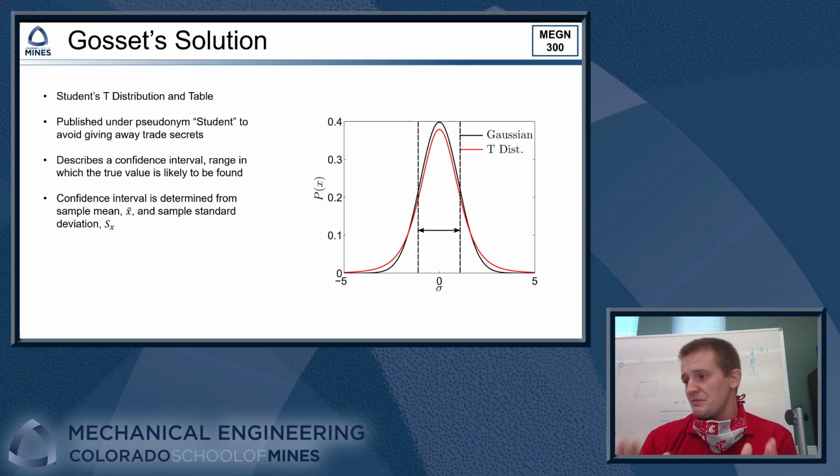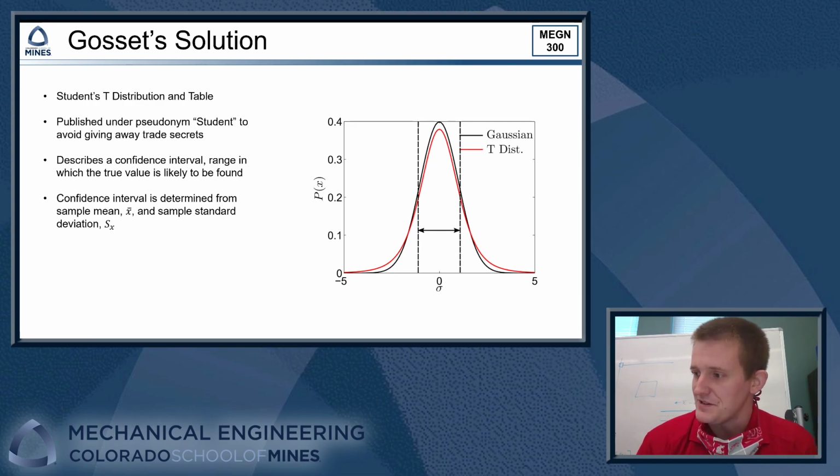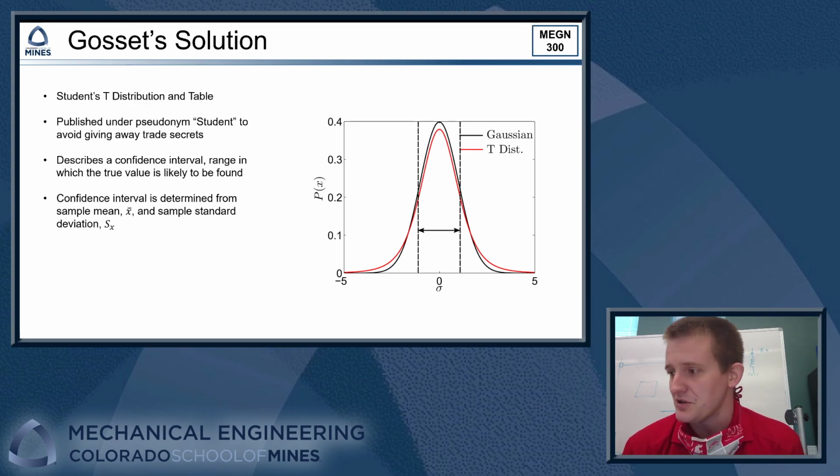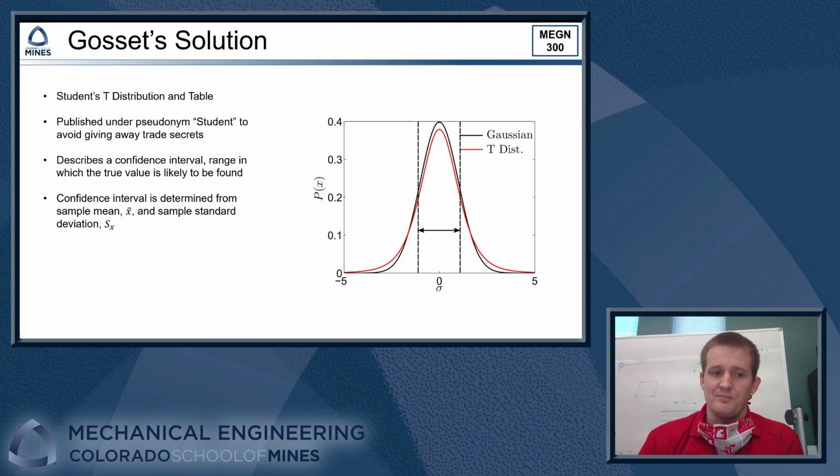So essentially what this does is it describes a confidence interval, which is a range of values where if you take a whole bunch of measurements and you derive a confidence interval from those measurements, you come up with this range of values where you're likely to find a next measurement, right? And we determine this confidence interval from two values.